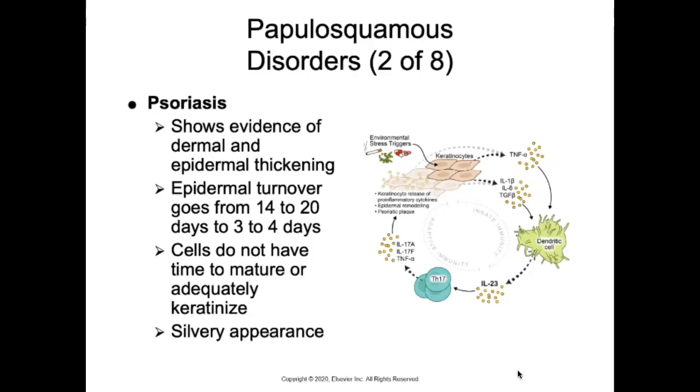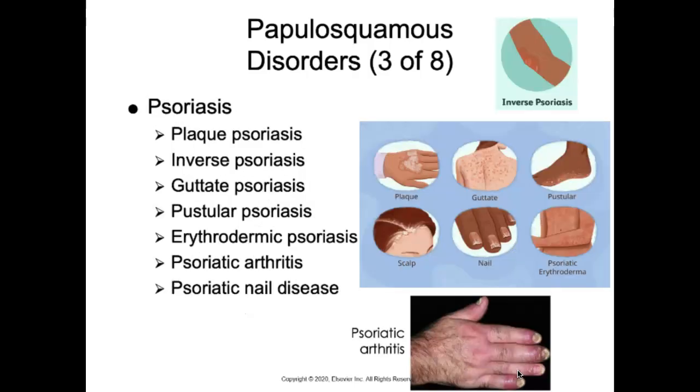And what we get is epidermal remodeling and the plaques to form. So we get dermal and epidermal thickening, and essentially the epidermal turnover goes from between 14 to 20 days to 3 to 4 days. Our cells don't have enough time to mature and adequately keratinize, and they end up getting this silvery appearance.